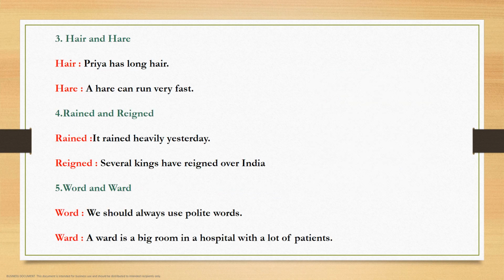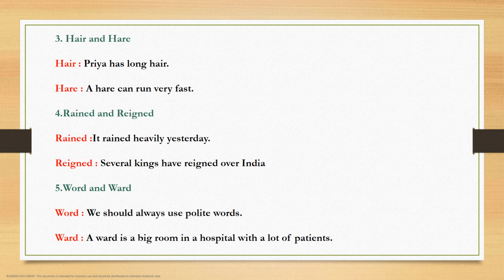Moving on to next set, hair and hare. Exactly similar pronunciation. H-A-I-R, hair, you all know what hair is? On your head, small hair, big hair, black hair, gray hair. So that is hair. Priya has long hair.